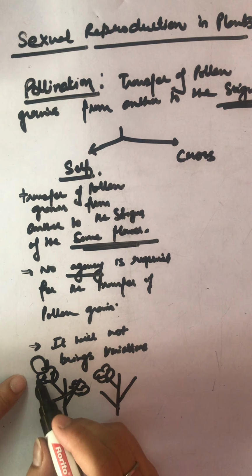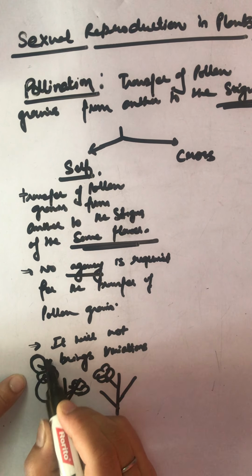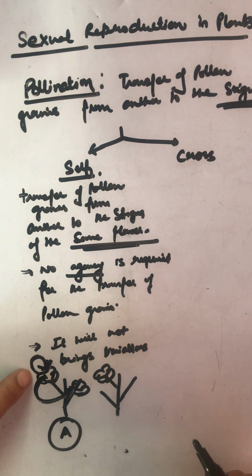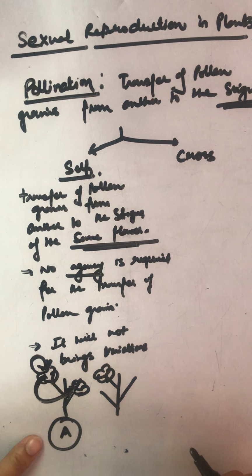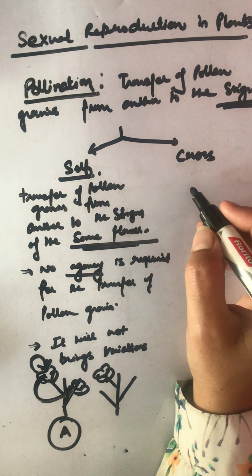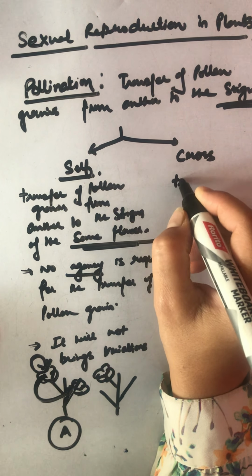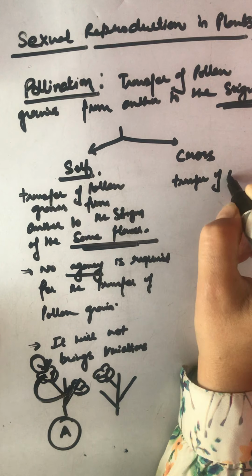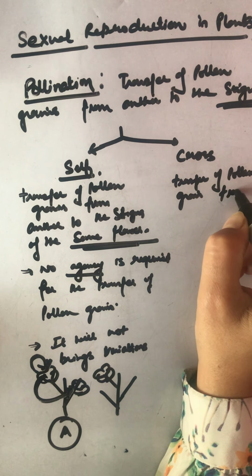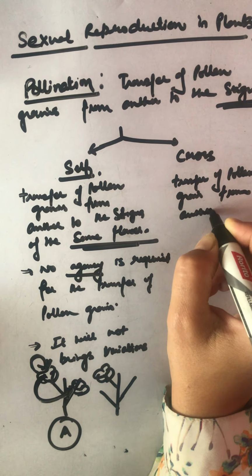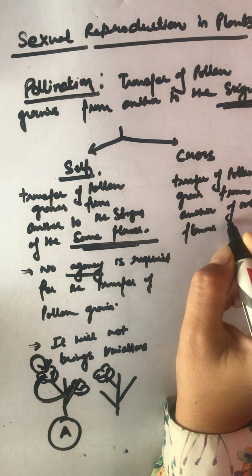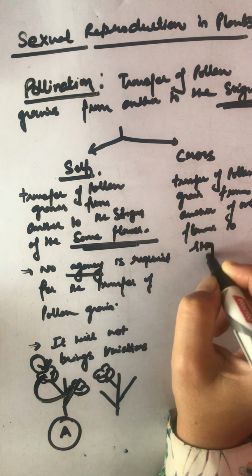Clear? Transfer of pollen grain in the same flower or from one flower to another flower, but on the same plant, is self. When we talk about cross, we say transfer of pollen grains from anther of one flower to stigma of another flower.